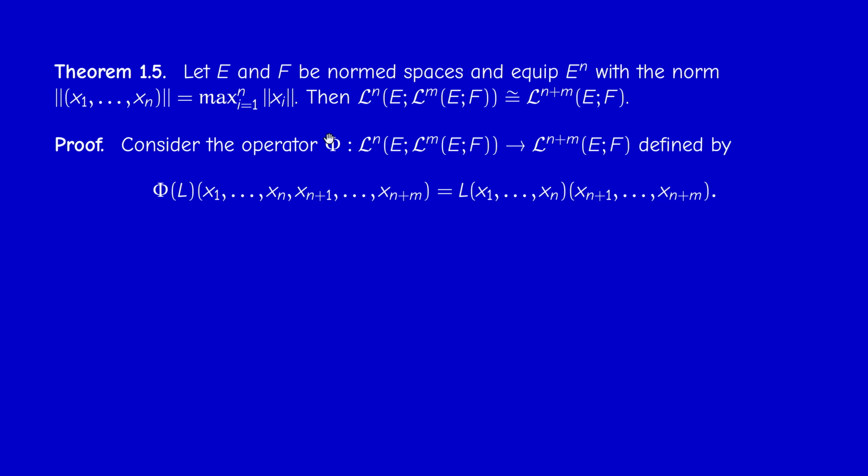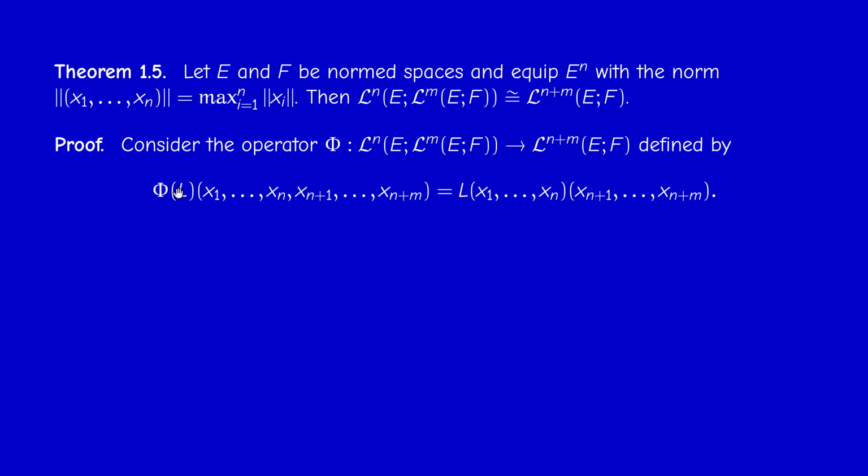So what is phi? Phi is this map from the first space into the second one, that to each element L, which is a multilinear map with n variables, associates the following. L of x1, etc., xn, if x1, ..., xn belong to E, takes values in Lm. So it's a function of m variables that I can denote by xn plus 1 up to xn plus m.